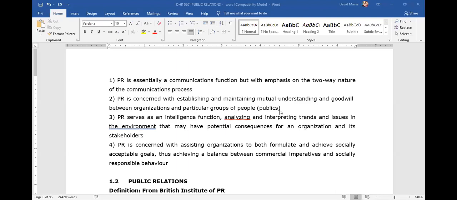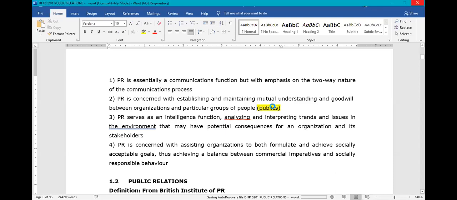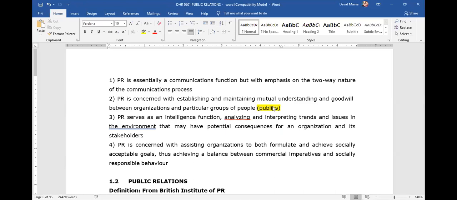And you can see it is written in bracket, particular groups of people, just like I said, they are called publics. So public relations is concerned with establishing. You first of all establish a relationship. After establishing a relationship, you create a mutual understanding, and then you ensure that there is goodwill. There is always a good name.